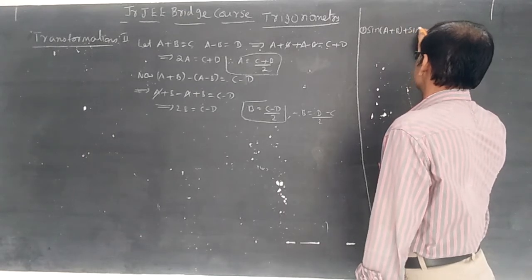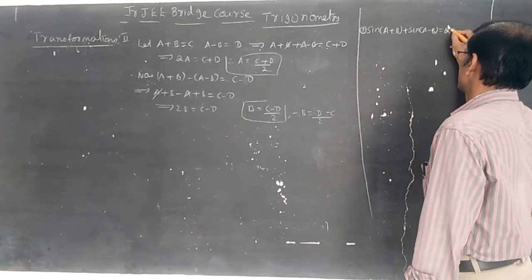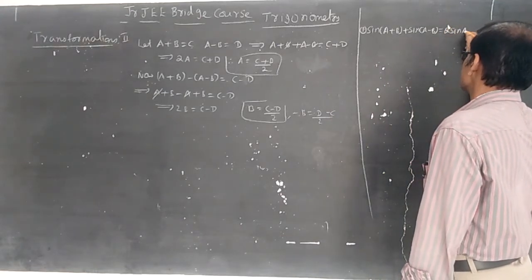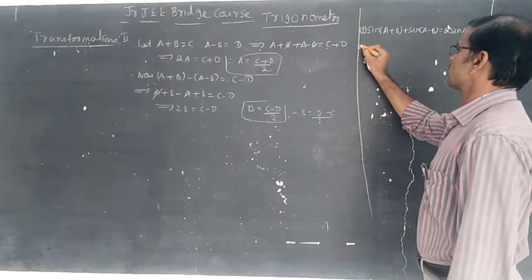Sin of A plus B plus sin of A minus B is equal to the formula we got, 2 sin A cos B. By observing this formula, we can write another formula.